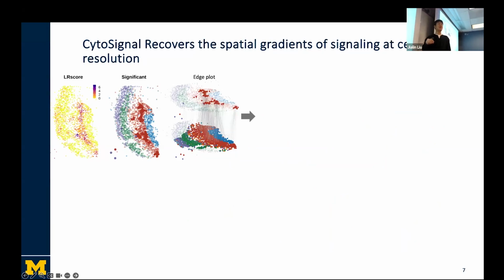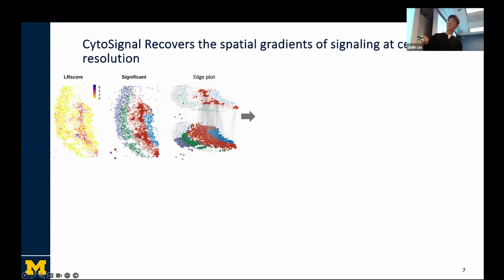Slide-seq is a cellular resolution spatial transcriptomic technique. And you could see these are some of the main outputs of CytoSignal. The first plot is a heat map where each point represents a score for a specific interaction at that position.